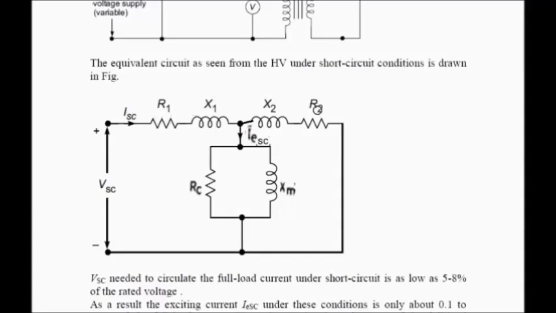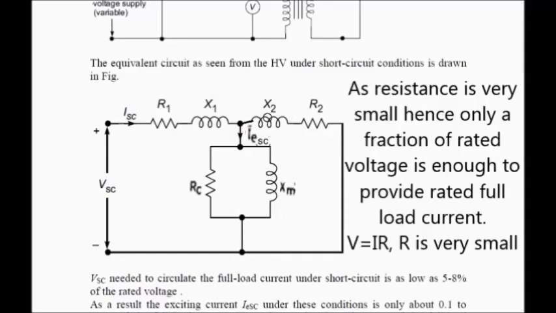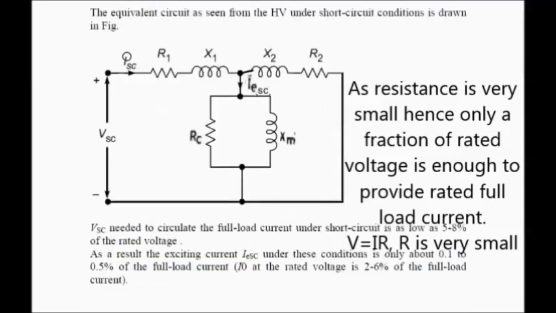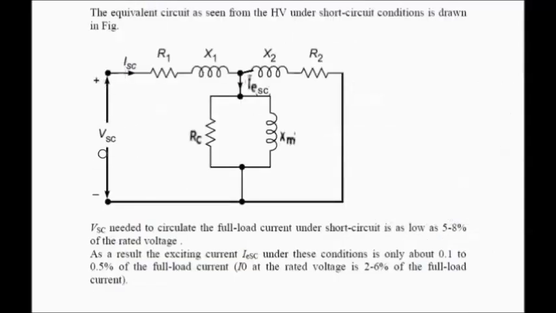Their total sum is always less than 5 or 6 ohm. So as the VSC required is just 5 to 10% of rated voltage, the voltage across this parallel branch is also less.